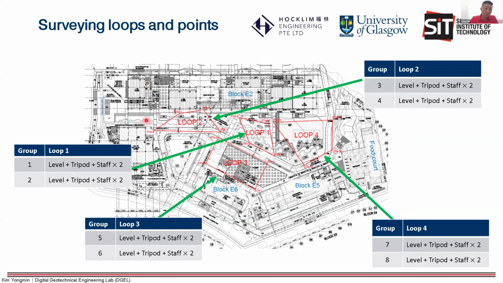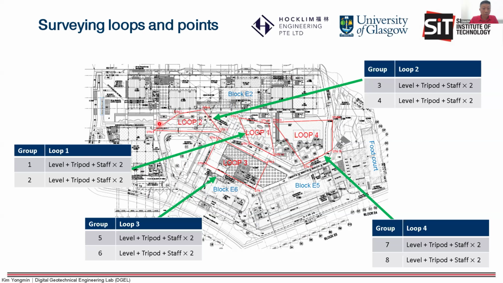So it means that probably for one group, 1 staff is enough. You have 1 level here, then 2 students follow the level, 2 students for holding staff. Then the other group, group 2, will stand here with another staff.